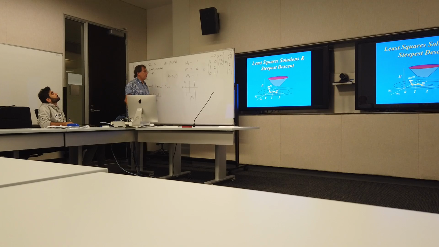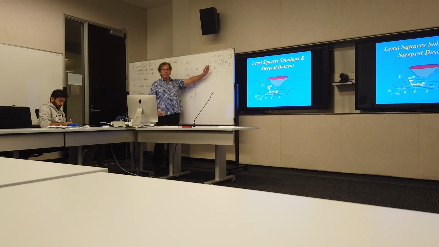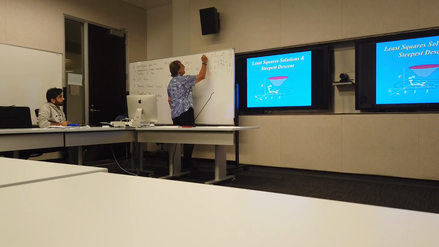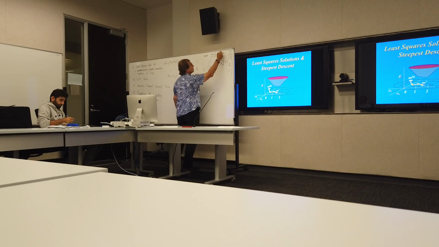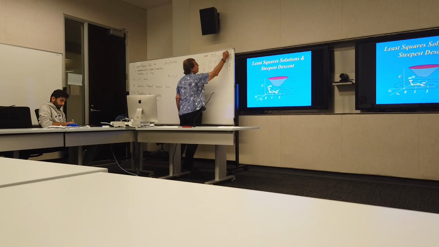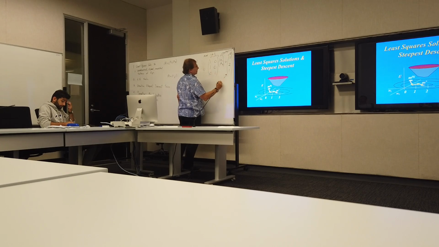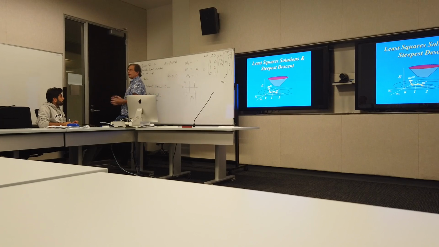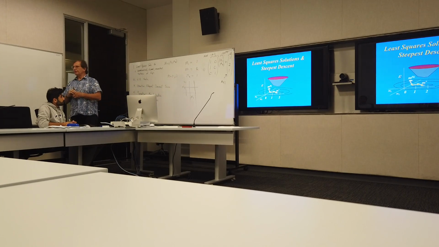So when you have an overdetermined system of equations, we consider this to be an M by N matrix, this to be an N by 1 vector, and this, let's call it D, an M by 1 vector. When this matrix is taller than it is fat, it's an overdetermined system of equations.